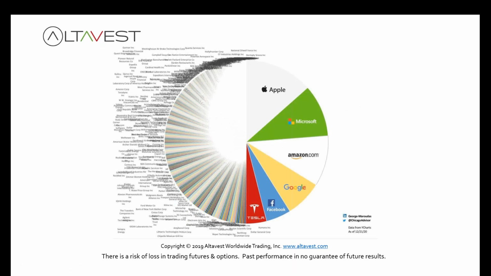Look at this. That's the S&P 500. So I don't know, something's not quite in alignment there. You've got a handful of stocks making up more than half the market, and that's just getting bigger. It's just getting more and more out of balance.